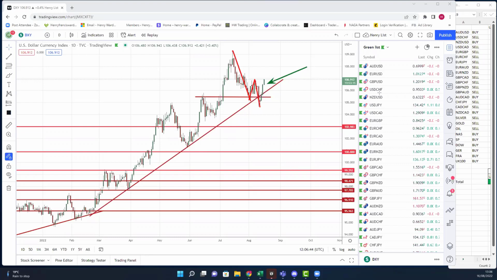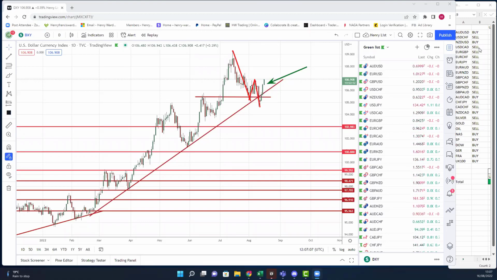Now, if I look over here, Aussie USD is a buy, USD CHF is a sell, NZD USD is a buy, USD CAD is a sell. So every one of the indicators that we have on the dollar is telling us the dollar should be getting weaker, but the dollar has turned around.